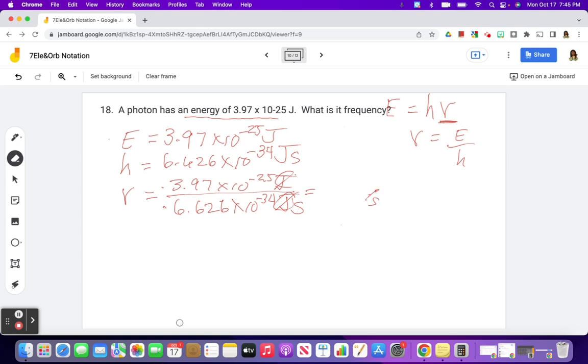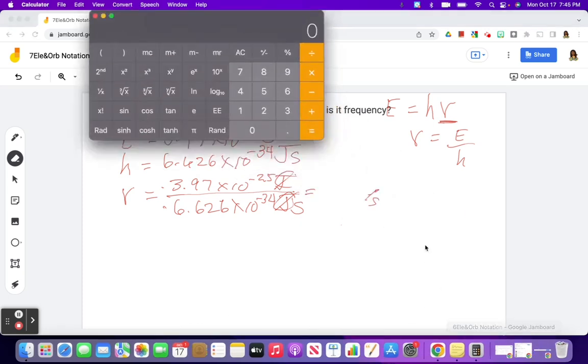But before I get into that with you, I need to show you how you use your calculator to type this scientific notation number. So you would say 3.97. This feature is our scientific notation. It means times 10. So you don't have to hit times 10.